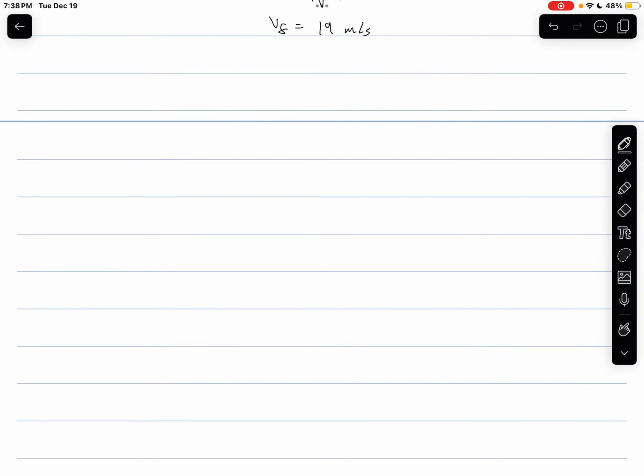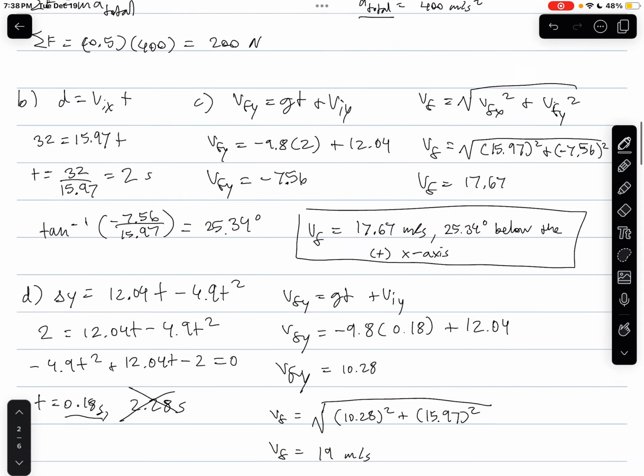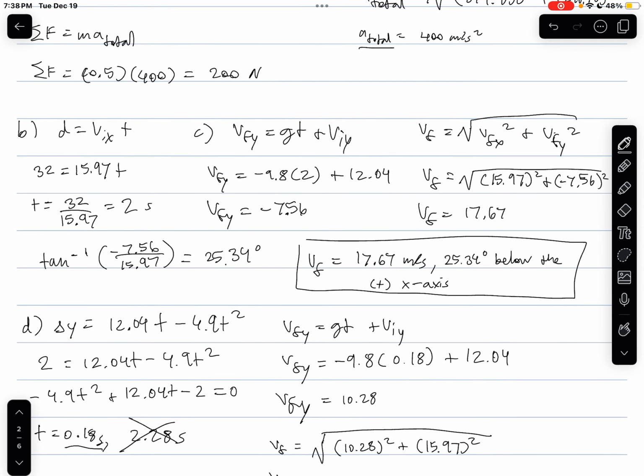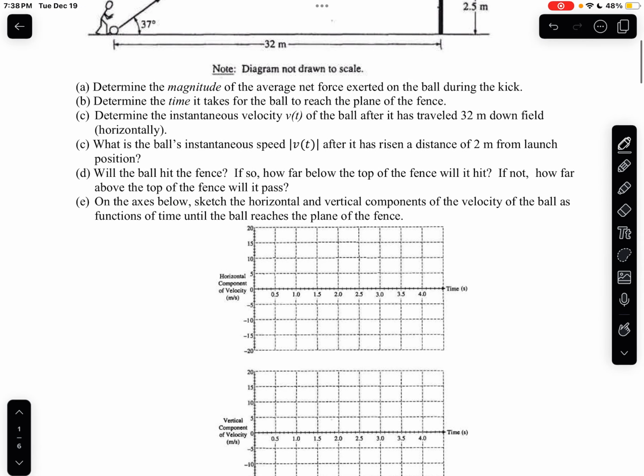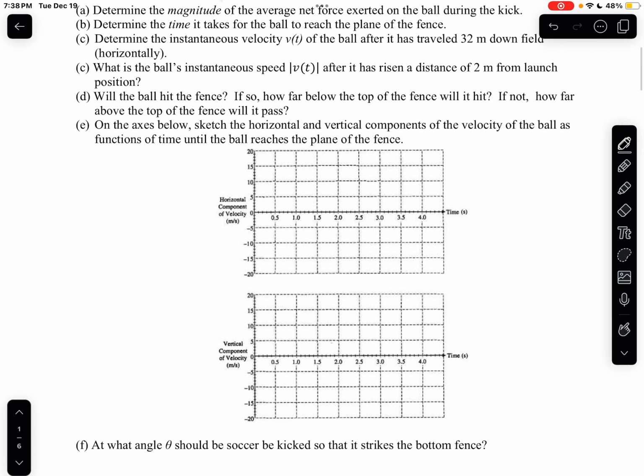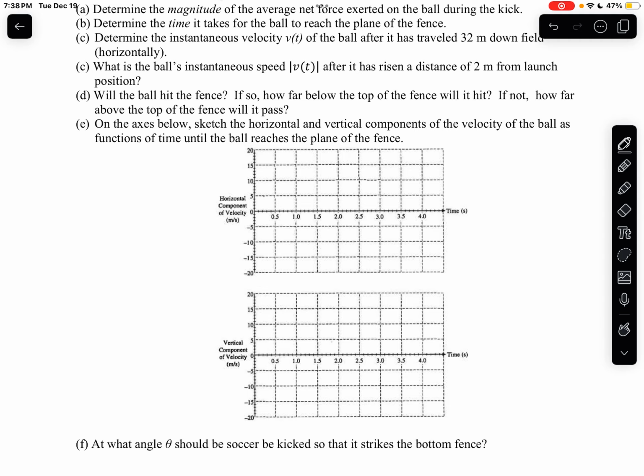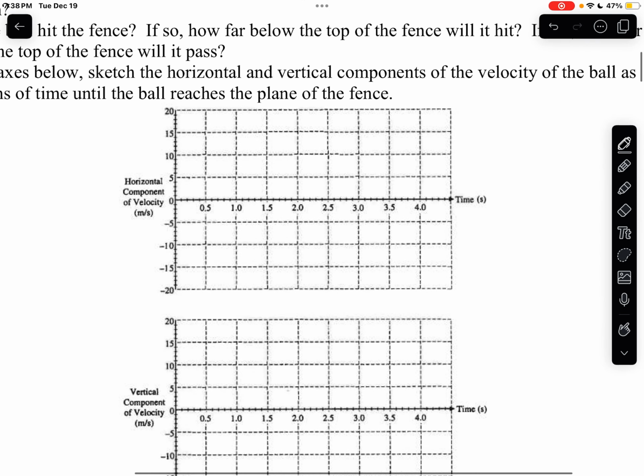Okay, so for part E, I have to sketch the horizontal and vertical components of the velocity of the ball as functions of time until the ball reaches the plane of the fence.